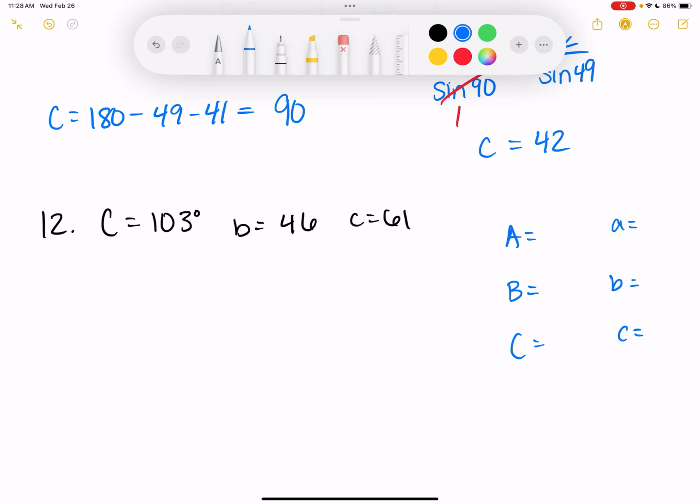Angle, side, angle, angle, angle, side, side, side, angle, side, side, angle. So then the next question is, is this acute or obtuse?